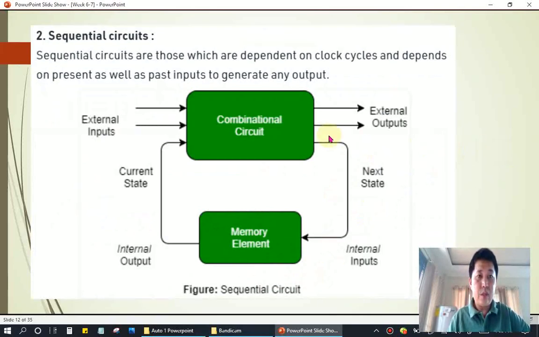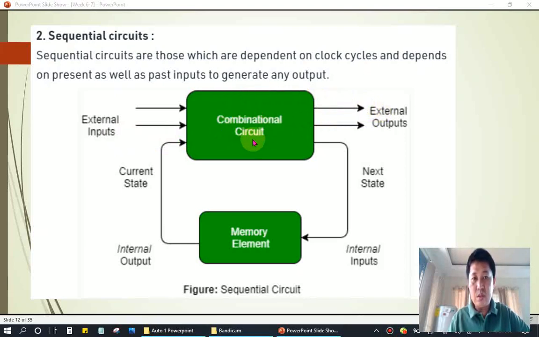Here, sequential circuits are those which are dependent on clock cycles, and depend on present as well as past inputs to generate any output. As you can see here, you have external inputs and you have external outputs.